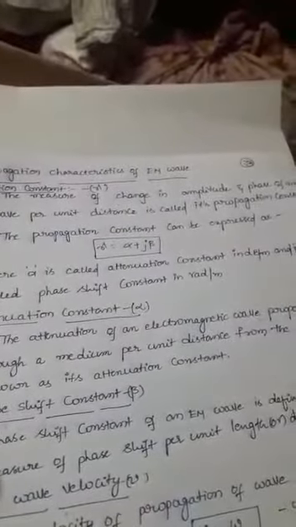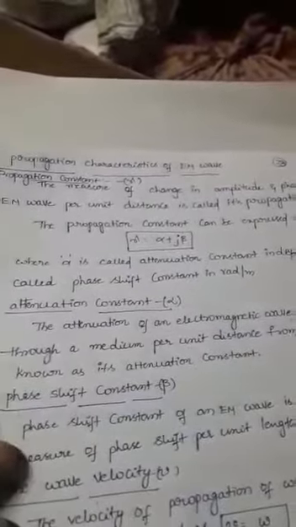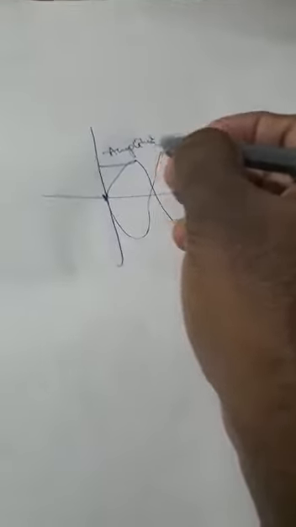That means, for example, if we consider an electromagnetic wave like this, this is called amplitude, the peak value. And here the positions, these are called phases of the electromagnetic wave.